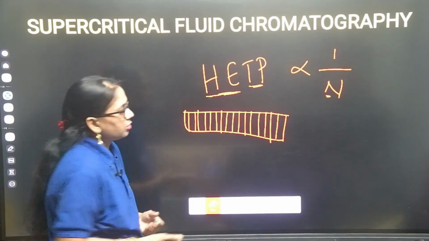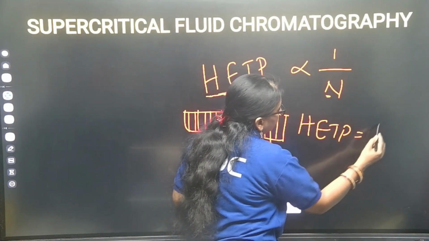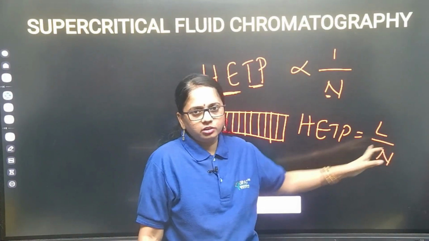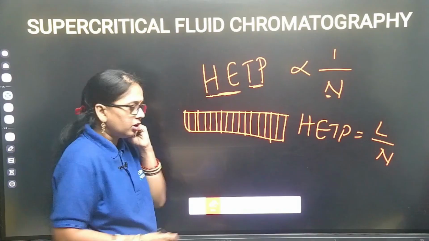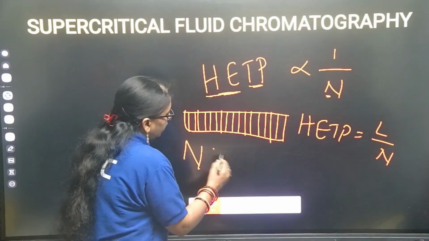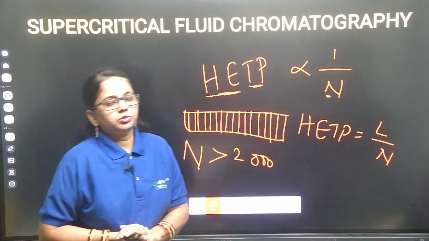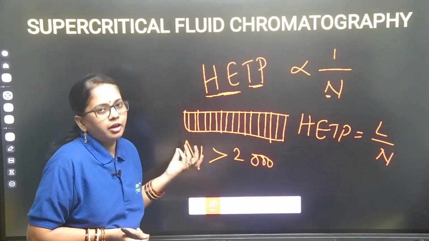The formula to calculate the HETP is L by N, where L is nothing but the length of the column. According to the pharmacopoeias, if the number of theoretical plates is more than 2000, then the method we propose by the liquid chromatography technique is a highly efficient method.